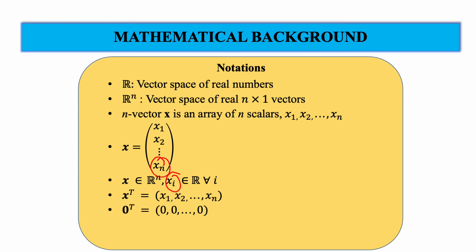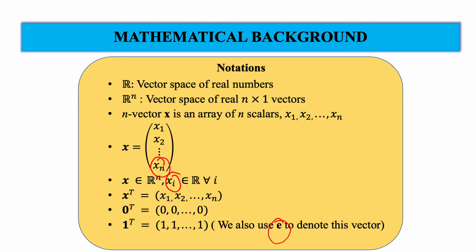The zero vector is a vector which contains all 0s, and the vector 1 contains all 1s. Sometimes we will use the letter E to denote this ones vector. Now the number of elements here depends on the situation, so we have not specified exactly the number of elements. Based on the context, one can decide the number of elements in the 0 and 1 vectors.